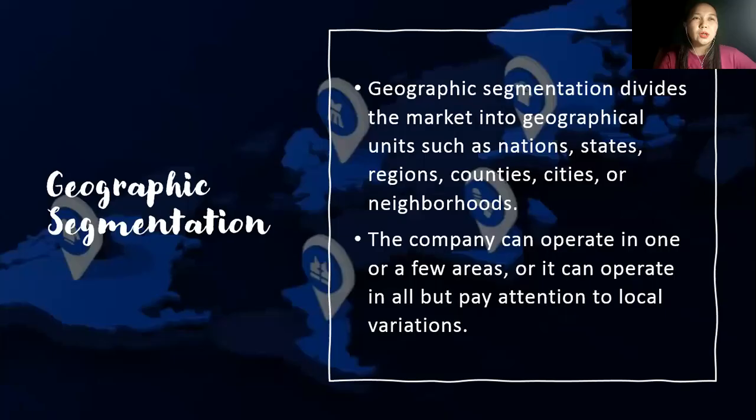Let us start with geographic segmentation. As the term itself, geographic segmentation divides the market into geographical units such as nations, states, regions, counties, cities, or neighborhoods. The company can operate in one or a few areas, or it can operate in all, but pay attention to local variations.